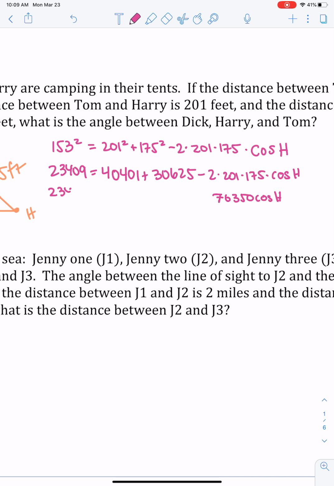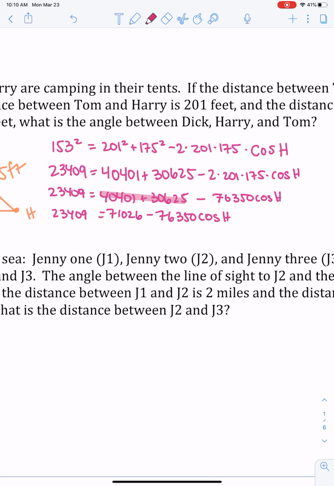Okay, I am going to combine these 2 right here. And that will give me 71026. And that equals this.